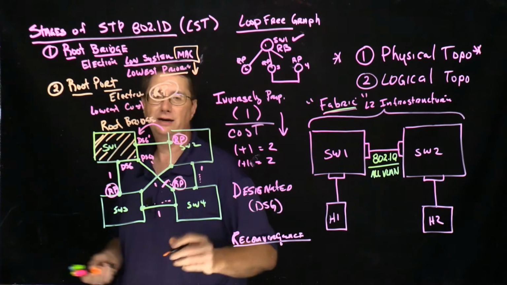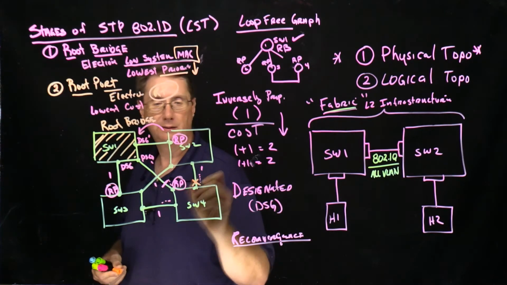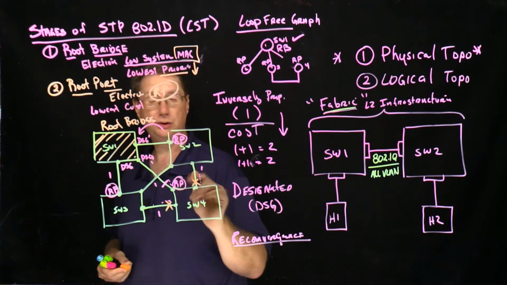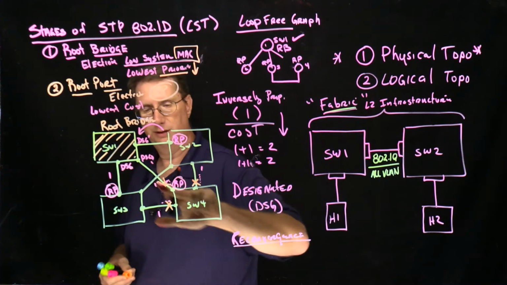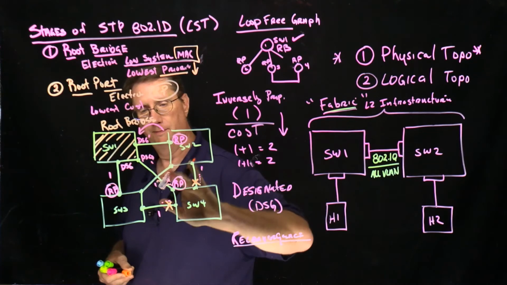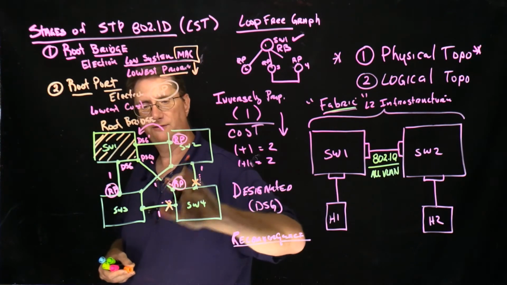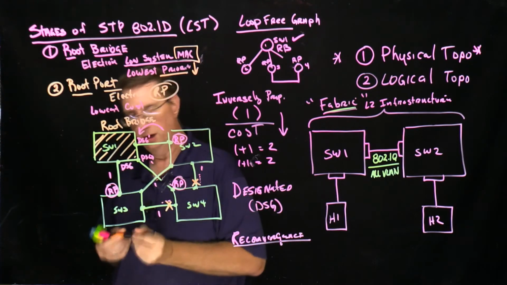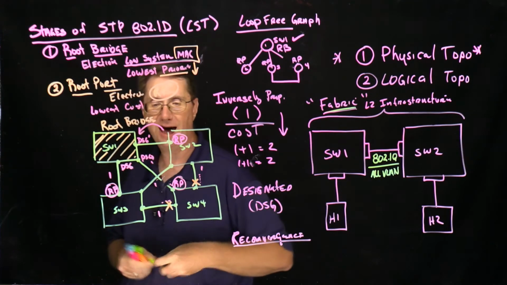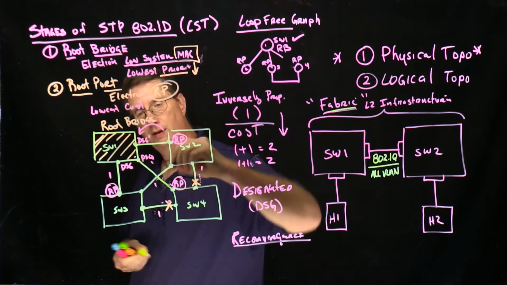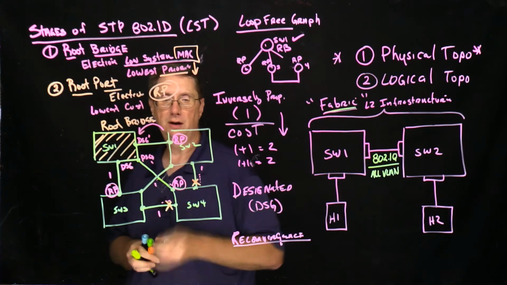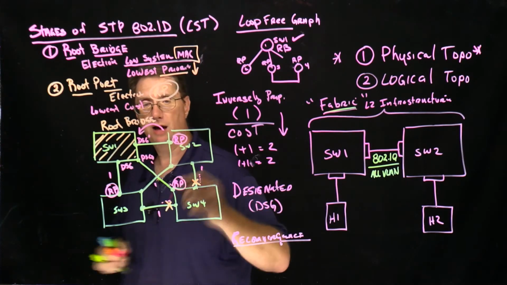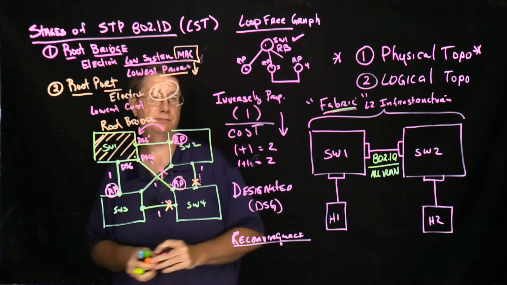Any interface that is not being used to reach the root bridge via the least cost path is actually going to be blocking. So if I go through here, this interface is blocking, this interface is blocking, and this interface is blocking.